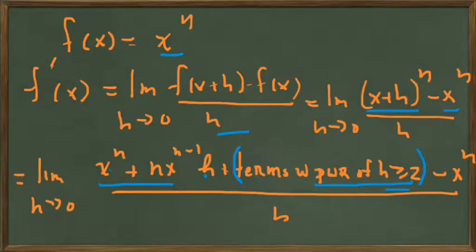So remember what our objective is in finding a limit when we have a 0 in the denominator. We're going to try and cancel that 0 in the denominator out by pairing it up with an h factor in the numerator. So first thing we notice is that the x to the n's in the numerator are going to cancel out. So let's see where we stand then.